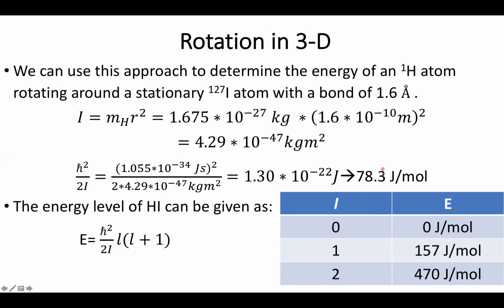So 6 times this original separation value, roughly around about 500 joules per mole, about half a kilojoule. However, it's worth noting that this is now pentuply degenerate, as I can have an m sub l of -2, -1, 0, +1, or +2.